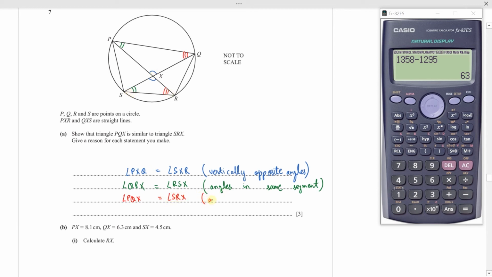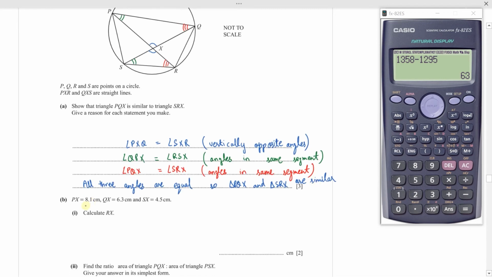The reason is again the same: angles in the same segment. So all three angles are equal. So triangle PQX and triangle SRX are similar.